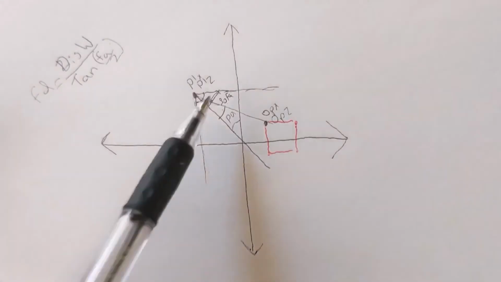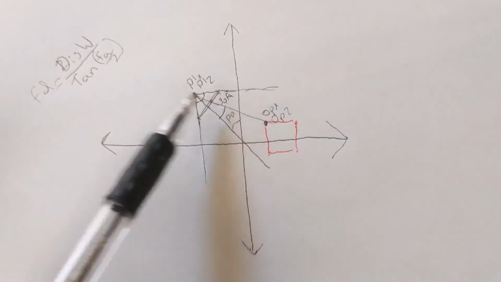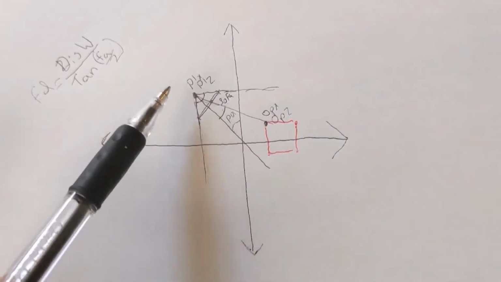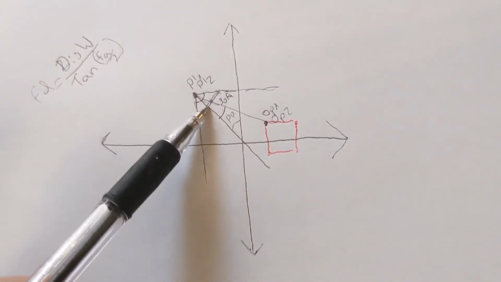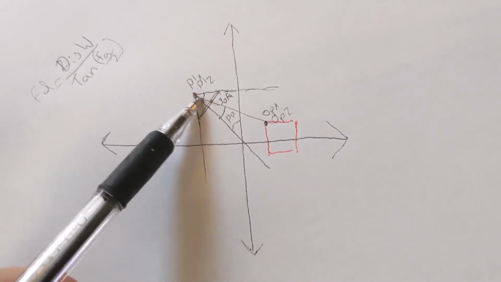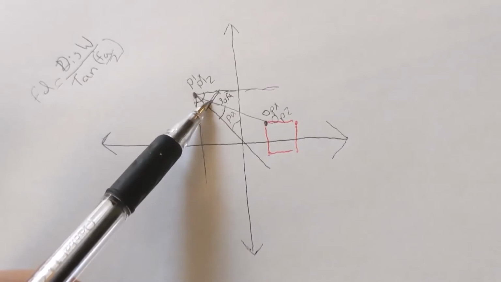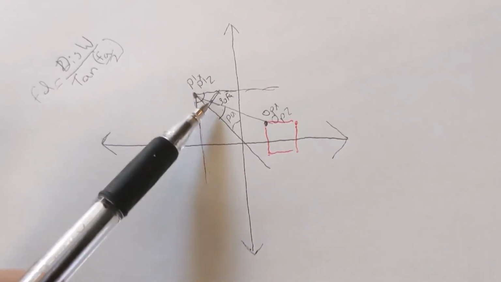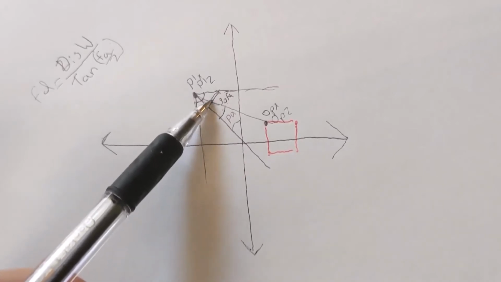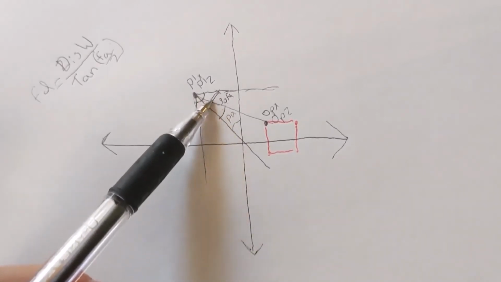This means that with this angle that I labeled here, which is this angle here, and this side here being side A, this side being side B, we can find this side, which is the distance between a fixed point, the midpoint of the screen, and this point, which is going to be the coordinates.